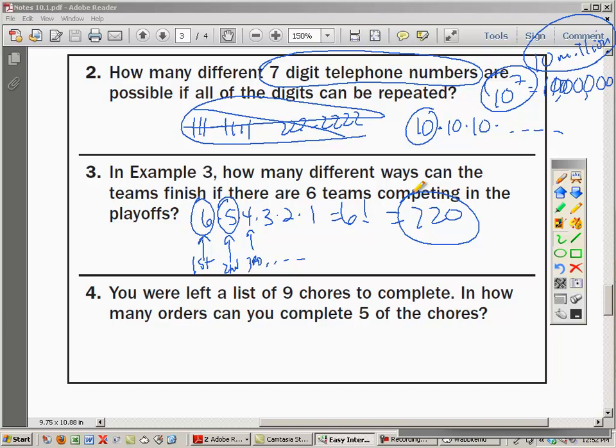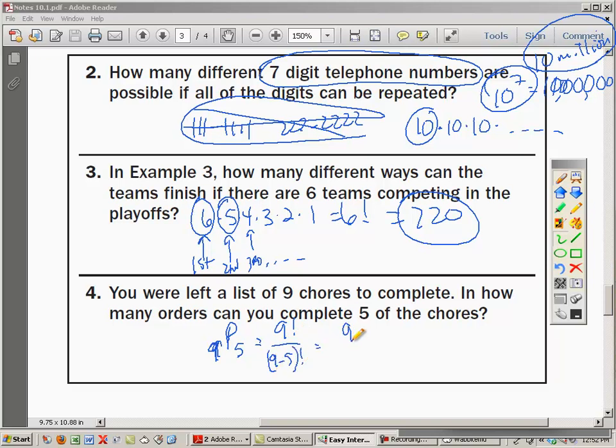And then finally it says you have a list of 9 chores to complete, and how many orders can you complete 5 of the chores? So again, this is 9 permute 5. We're permuting 9 choices over 5 ways to choose them. So 9 permute 5 ends up being 9 factorial over 9 take away 5 factorial.